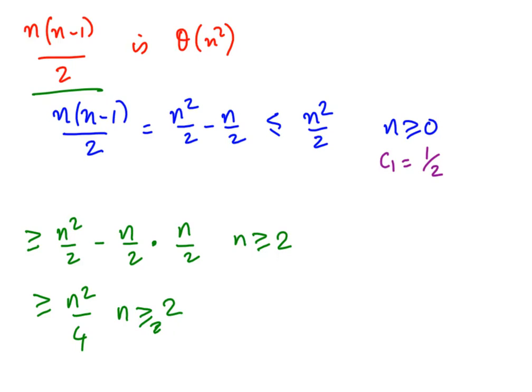I have one upper bound when n is bigger than 0, one lower bound when n is bigger than 2, and so I can now combine these. If I choose n0 to be equal to 2, and I take c1 equal to half, and c2 equal to 1/4, then I will find that this always lies above 1/4 n squared, and always lies below half n squared, provided n is bigger than or equal to 2.